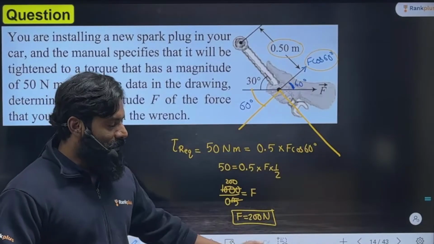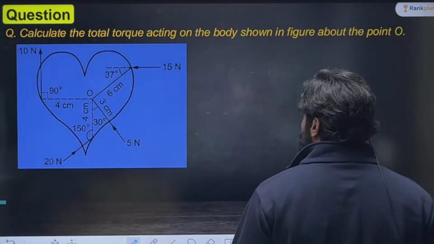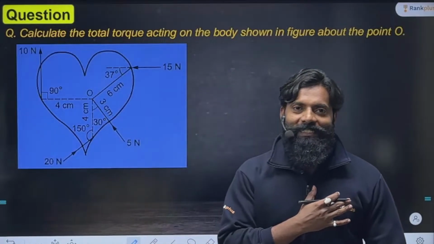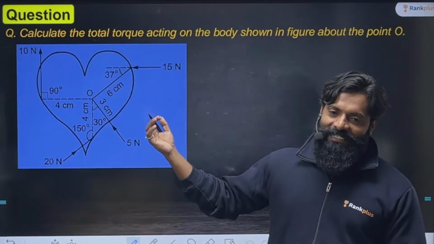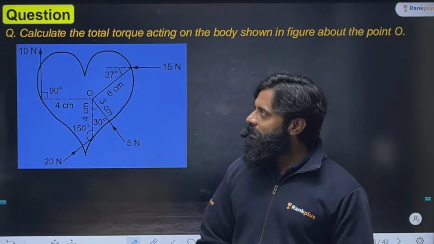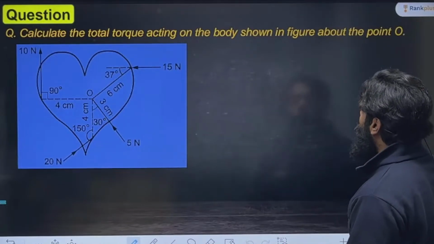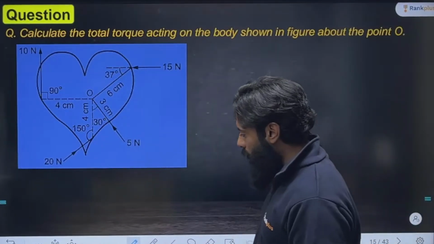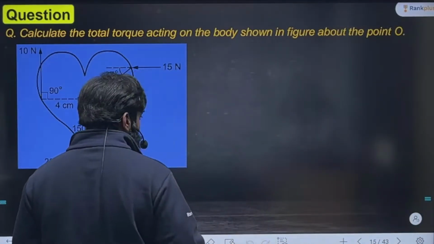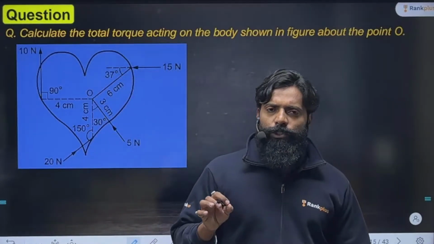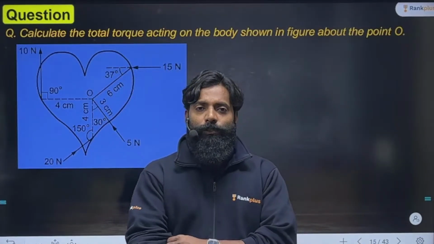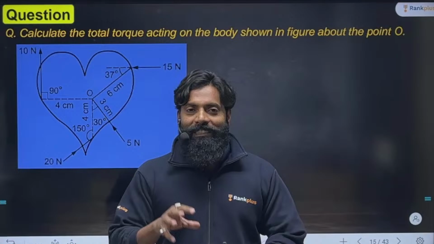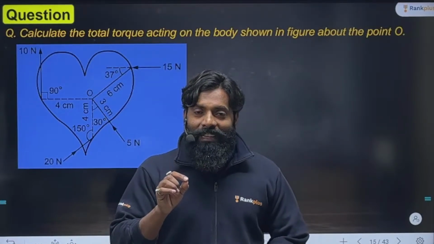Right, I hope that this question is clear. Now let's move to another question. This question is very close to my heart. In this question, you have to calculate the total torque acting on the body as shown in the figure. Here you also learn one simple approach: whenever we get a difficult question, or a question which we feel we are not able to solve, remember one important point.